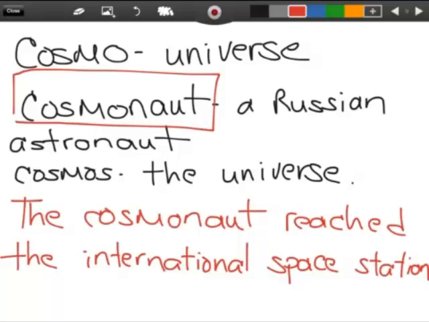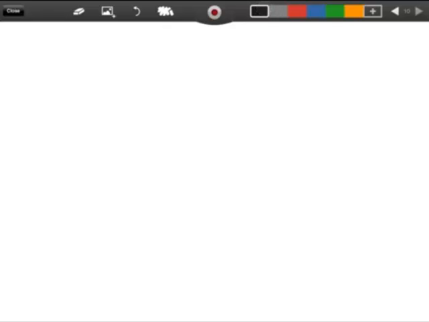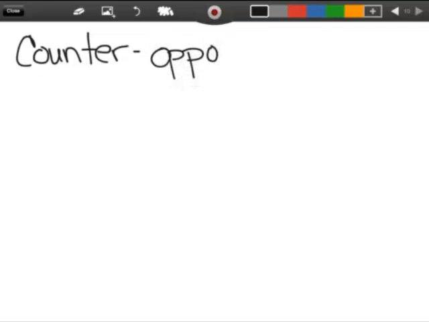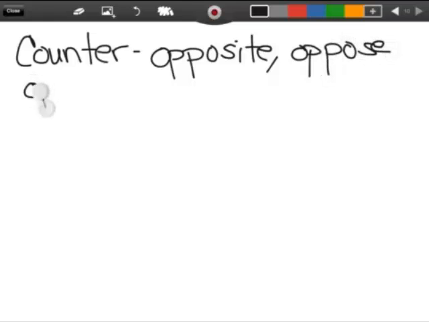Moving on to our final root is counter. And counter means opposite, oppose, and opposing.